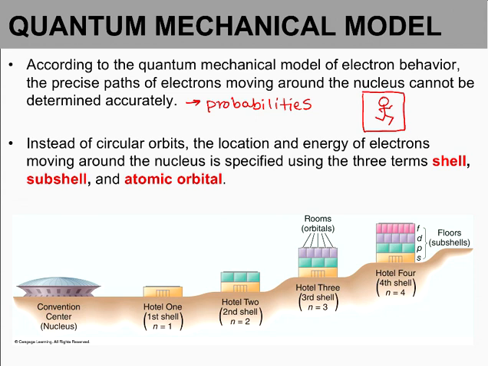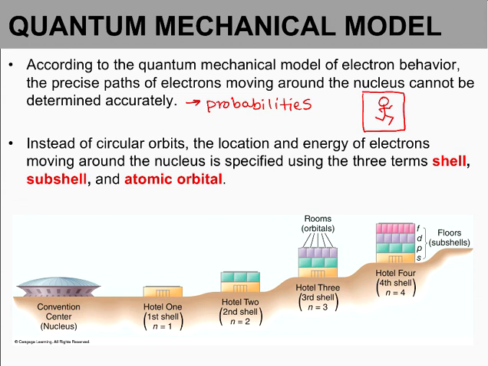And that's similar to an electron. You can either try to pinpoint the location of an electron, or you can try to measure their speed. But you can't measure both at the same time with a lot of certainty. You can really only know one or the other.